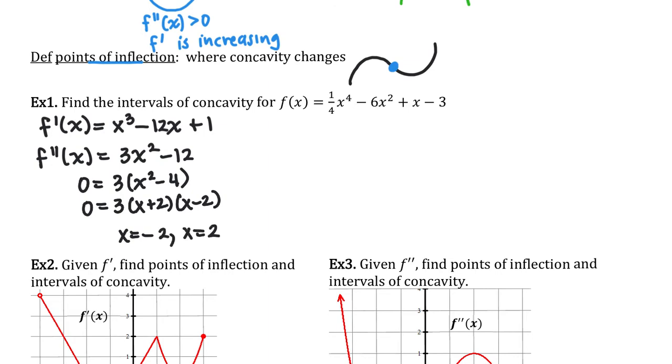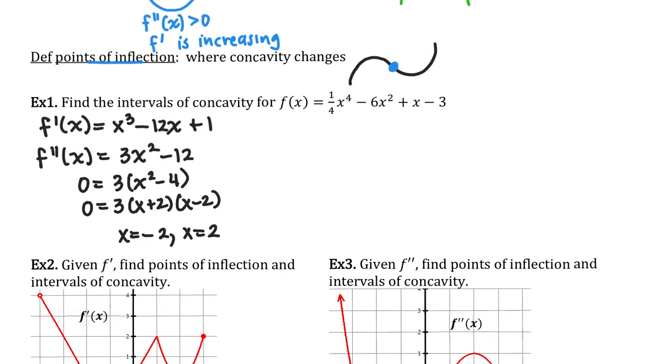So x equals -2 and x equals +2 are my candidates as points of inflection, but I don't know for sure they're going to be points of inflection. The sign has to change for the second derivative. If they don't change, then it's none of the above.